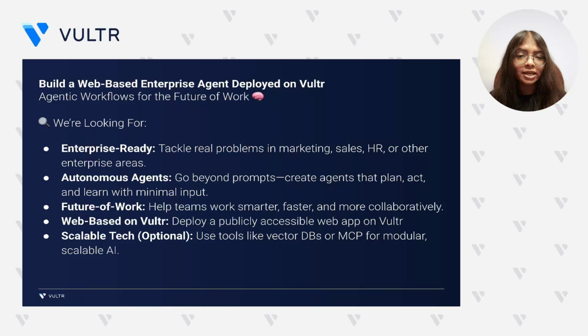Also, your application must be publicly accessible on Vultr and should include a GitHub repository with clear setup instructions and a demo use case. You're also free to use Vultr serverless inference with open source LLMs, all accessible via API. And if your agent needs custom knowledge, Vultr's built-in RAG lets you pull relevant information from your own content collections without needing to manage embeddings or infrastructure yourself.